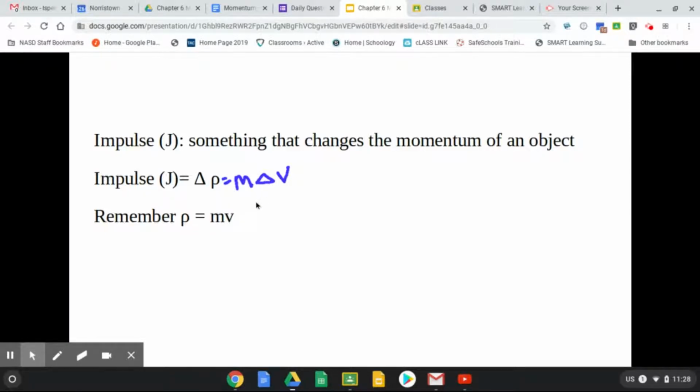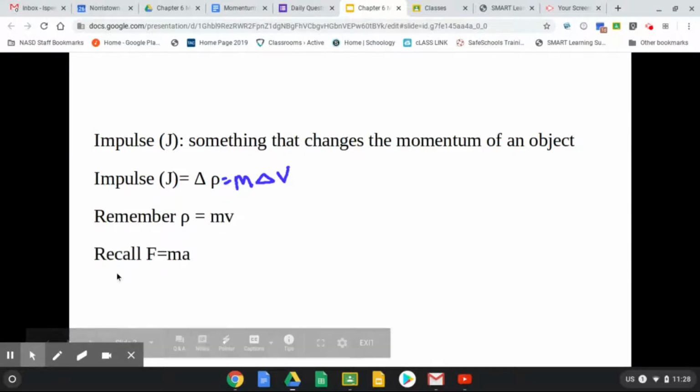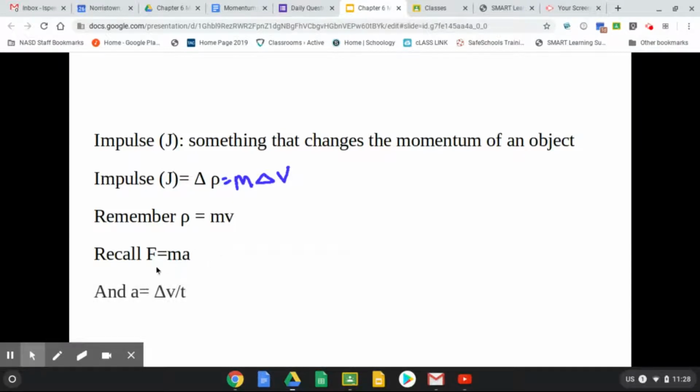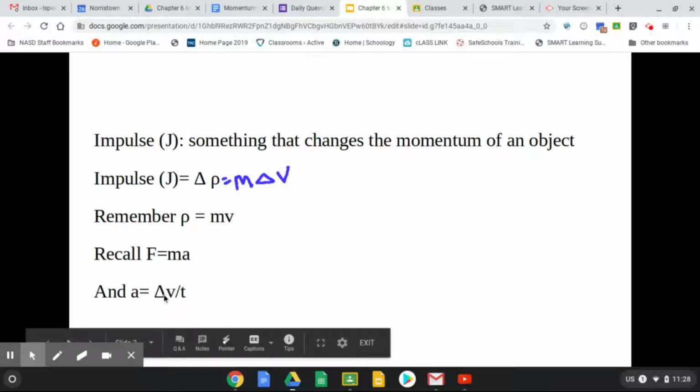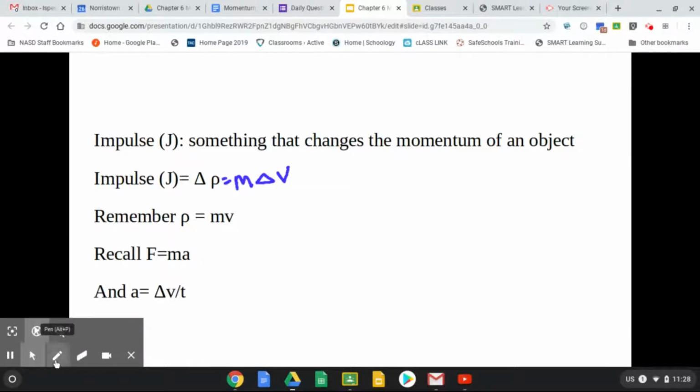Oh, yes, acceleration. So recall from last chapter, F equals ma, and acceleration is equal to change in velocity divided by time. So if we take those things and put them together, let's change color here just briefly.